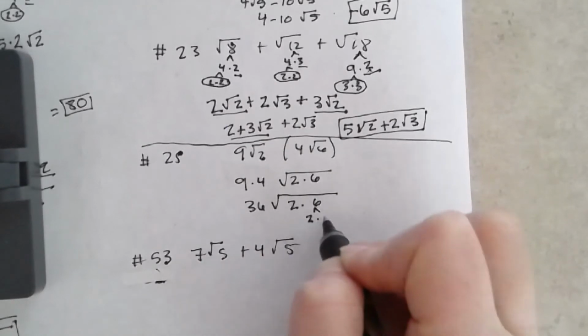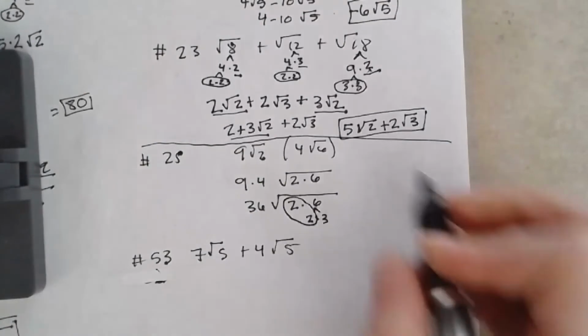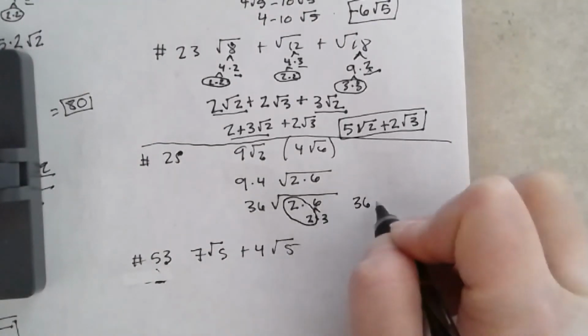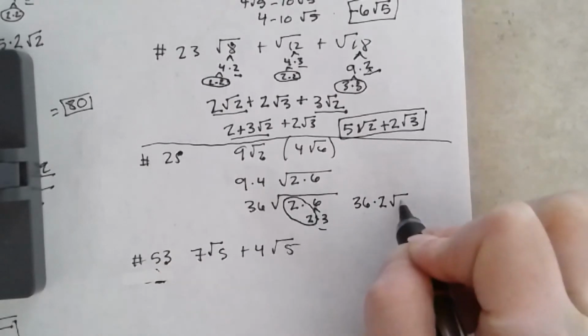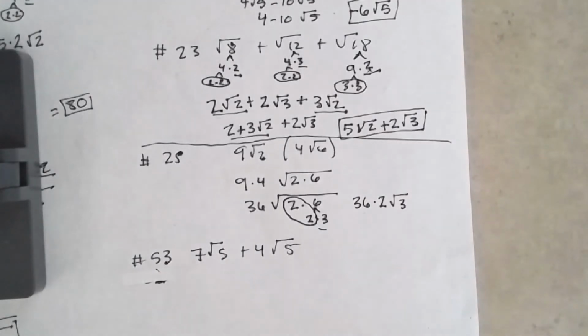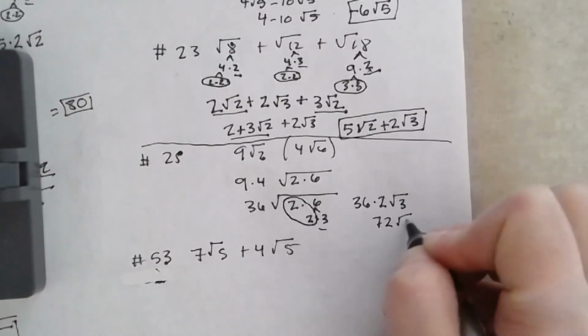This is 2 times 3 because there are my pairs. So I have 36, a pair of 2's, meaning a 2 comes out with a 3 left over. So 36 times 2. So if we double 36, that would be 72 square root 3.